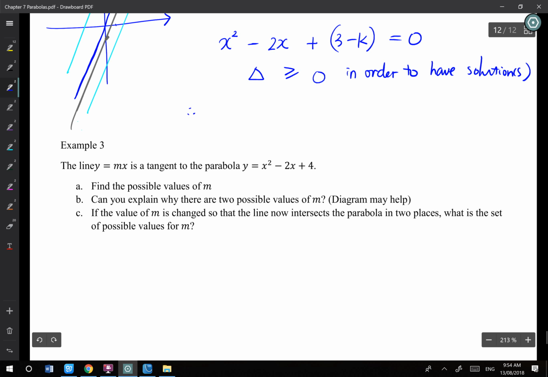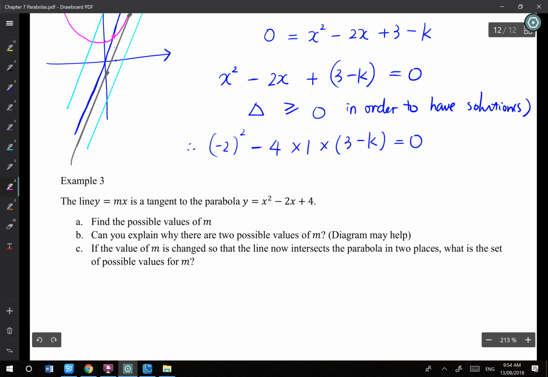So what I will do is minus 2 squared minus 4 times 1 times 3 minus k, and that is greater or equal to 0. Okay, that's the discriminant. So what's A? A is 1. B is minus 2. C is 3 minus k, because 3 minus k is a number.